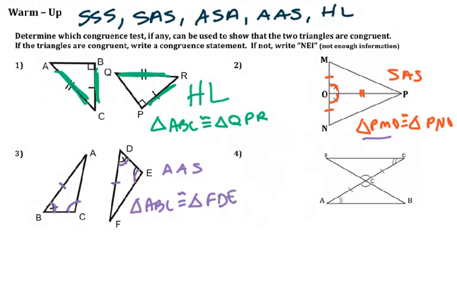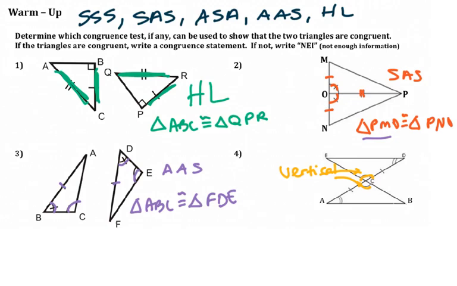And then last is number 4. And we've got these two angles. Now, even if those weren't marked, I would know that they're the same because they're vertical angles. So that's one thing that you need to be able to recognize as vertical angles when you see it. So even if they weren't marked, I would know that they were the same, okay?